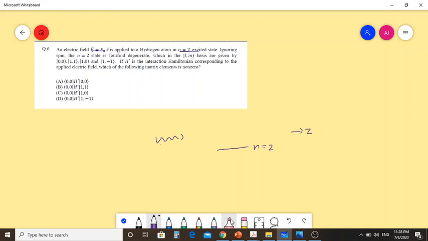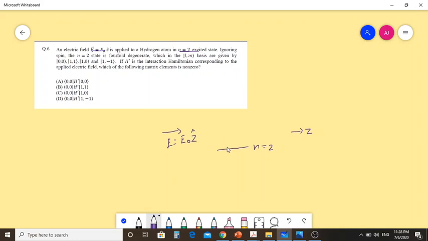So here it's given that it is a DC field along the z direction, E equal to E naught z cap.